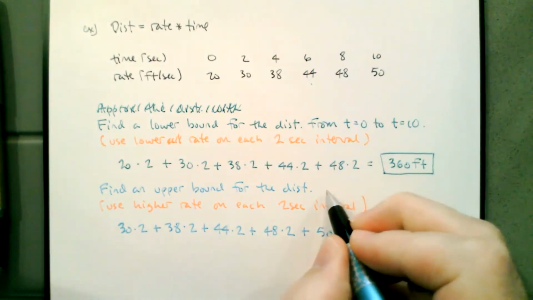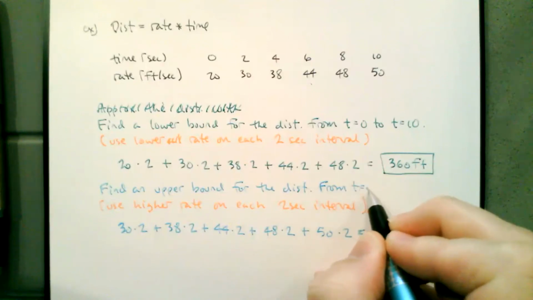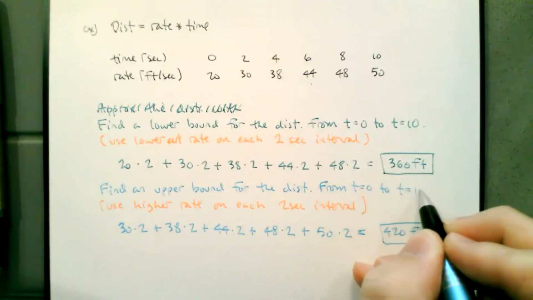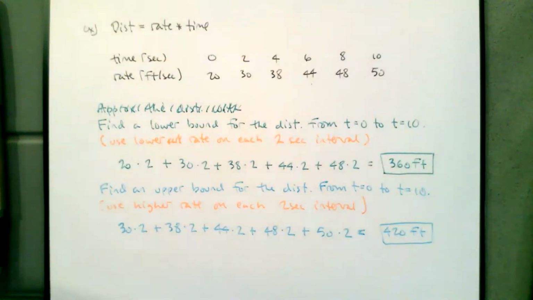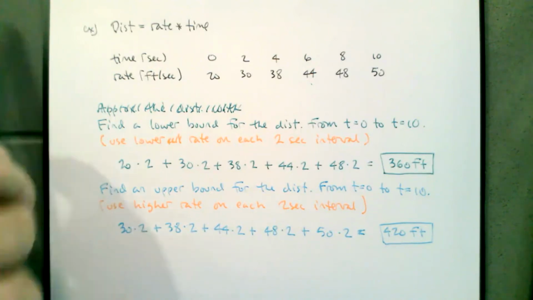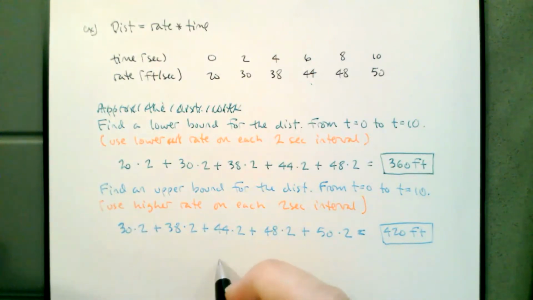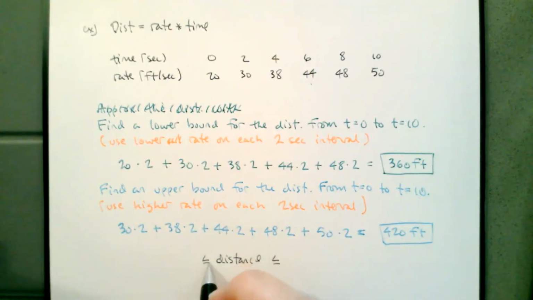This is still from t equals 0 to t equals 10. So what we're saying is that the distance is somewhere between 360 and 420 feet.